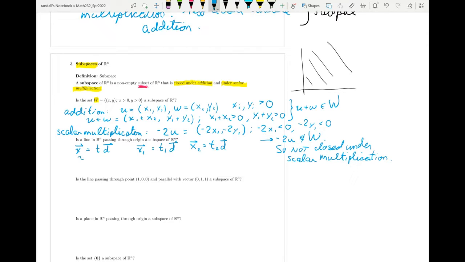And then I look at the sum, x1 plus x2, which is going to be t1d plus t2d, which I can rewrite using distribution as t1 plus t2 times d, which I'll just write as another scalar t times d, and that is in the set.